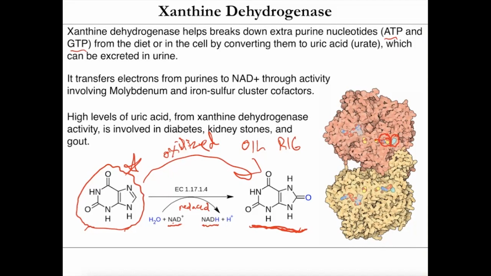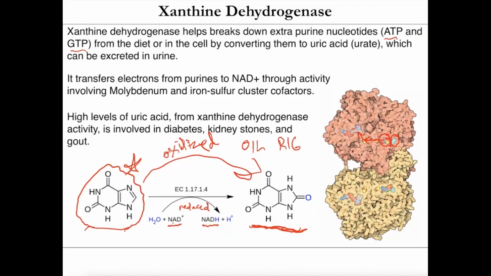Then it'll transfer those electrons through these things called iron-sulfur clusters, which are sulfur molecules bound to iron, and then it'll transfer it to NAD to make NADH. High levels of uric acid buildup from this activity of xanthine dehydrogenase is involved in diabetes, kidney stones, and gout.